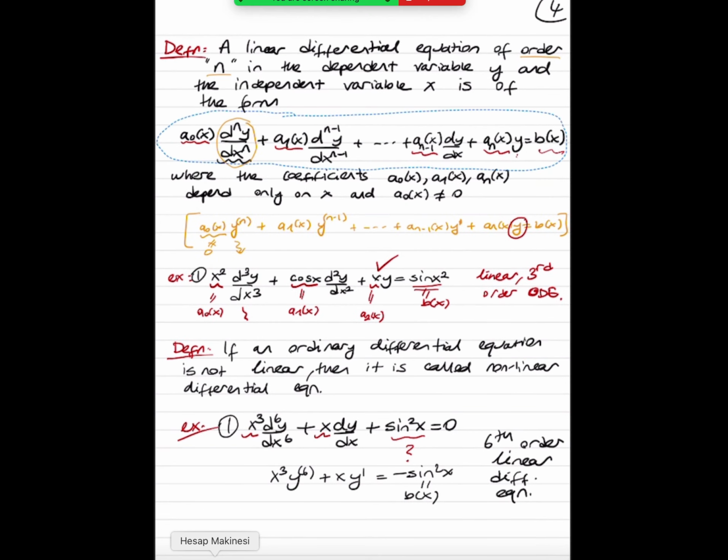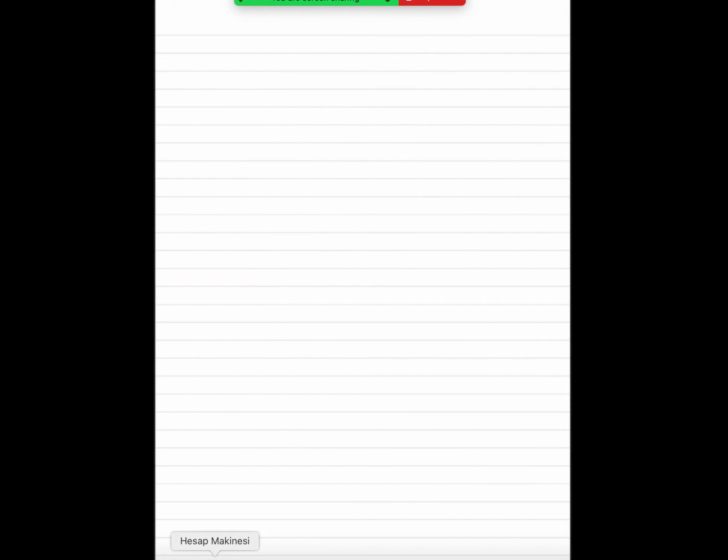Okay, I will copy this one. Linear differential equation. Okay, I will paste it here. Oh, but I didn't copy, sorry.